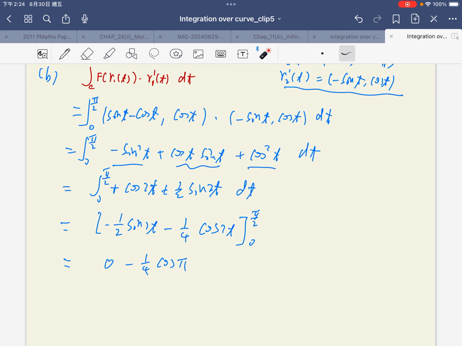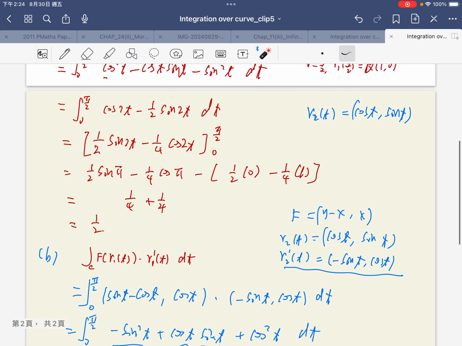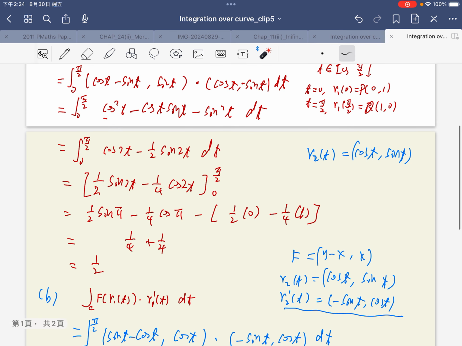And then I found what the mistake is. Oh, I made a mistake in the previous one.